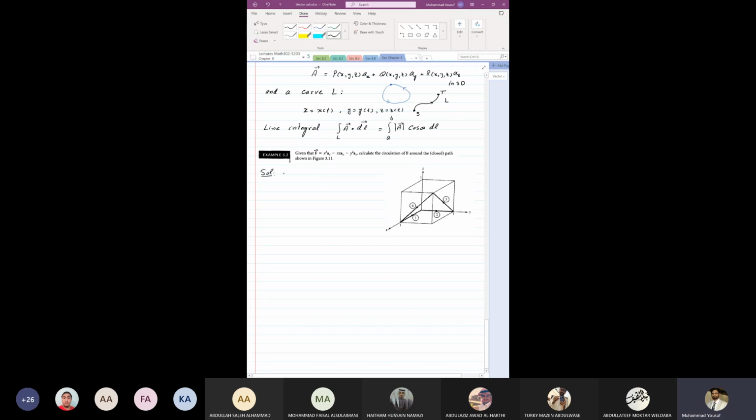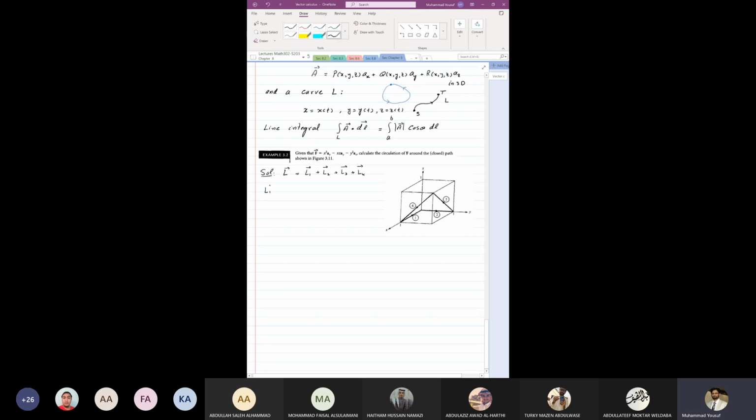So we can say that this L, actually these are vectors, is equal to L1 plus L2 plus L3 plus L4.